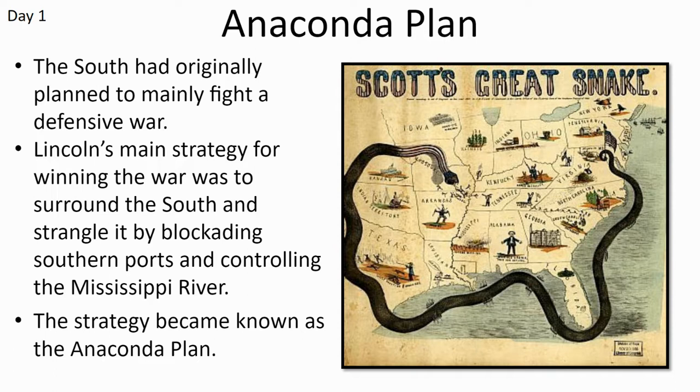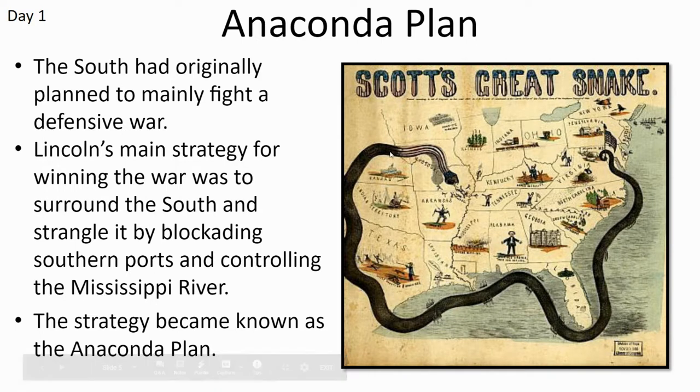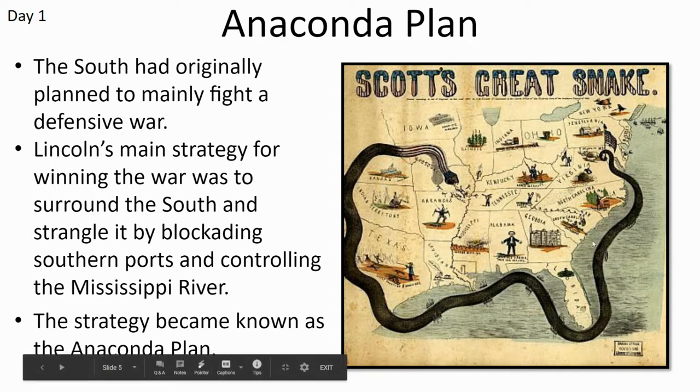The strategy for the North: how are they going to defeat the South? The plan that they have is the Anaconda plan. An anaconda is a big snake. So if you see here, there's a big snake going around the South. And the idea that Lincoln had, or the strategy he was going to use, is he was going to set up a blockade on the Atlantic coast and not allow trade for the South to go in or out.